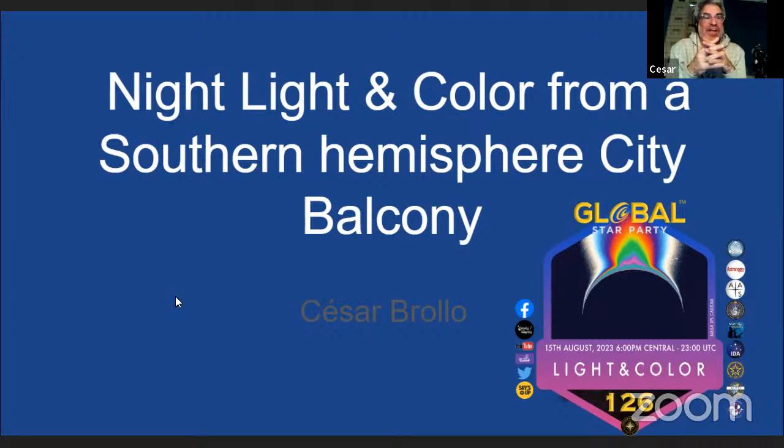For example, in summer we can see the Southern Cross, but we can't see the color of the Eta Carina Nebula. We normally confuse the cluster and the Eta Carina Nebula. We know the position of that.